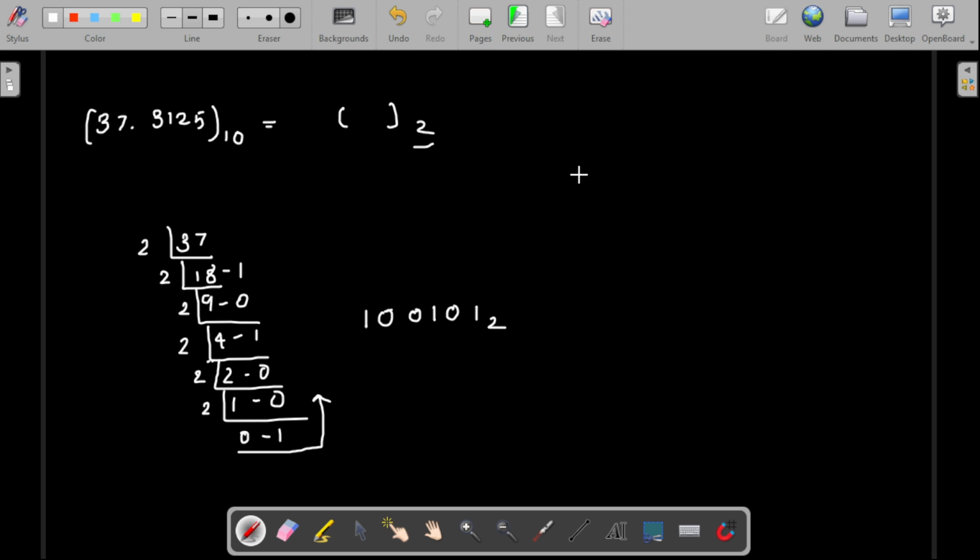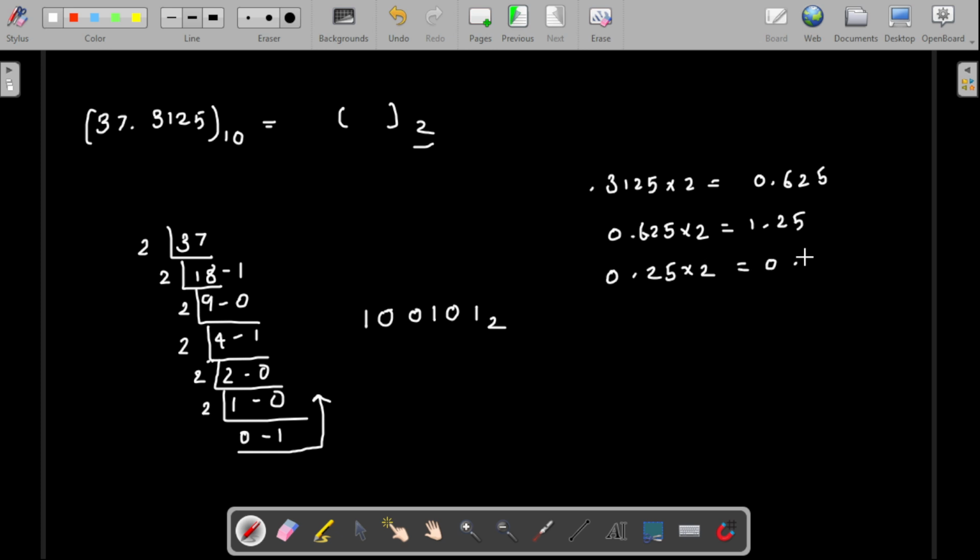Now the fractional part we have to multiply. So 0.3125 times the required base 2 will be equal to 0.625. Then this decimal part, 0.625 times 2, will be 1.25. Then the fractional part 0.25 times 2 will be 0.5.